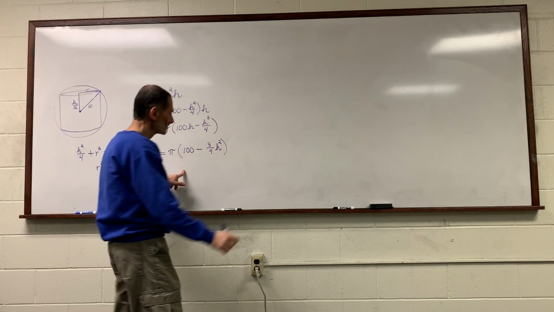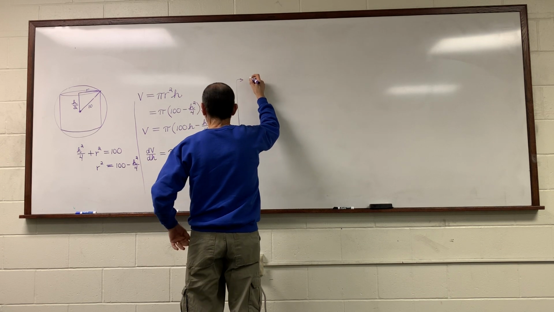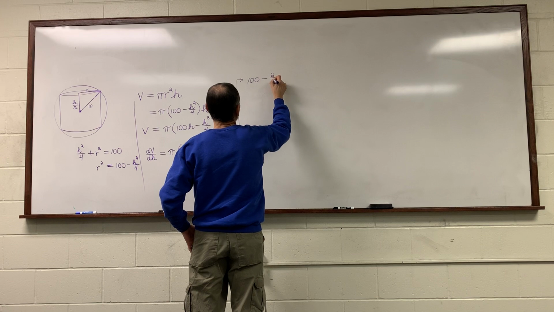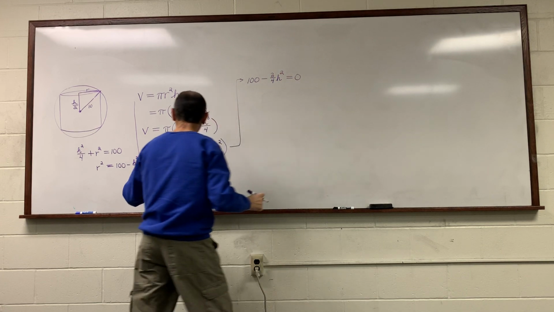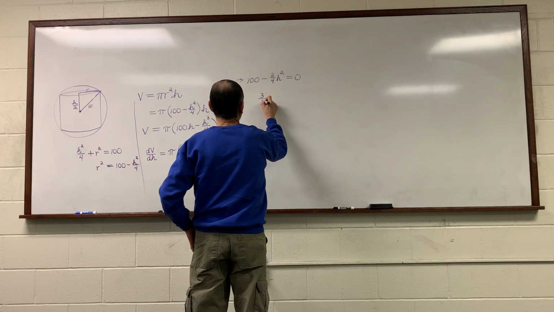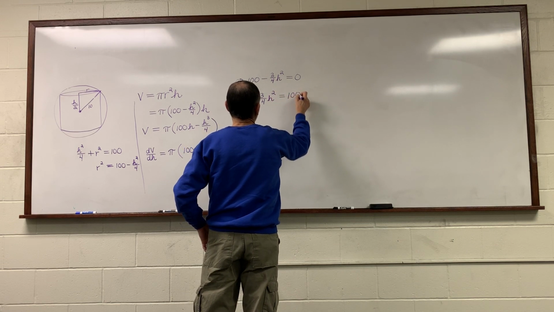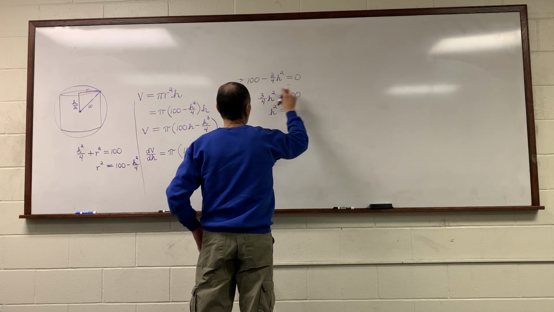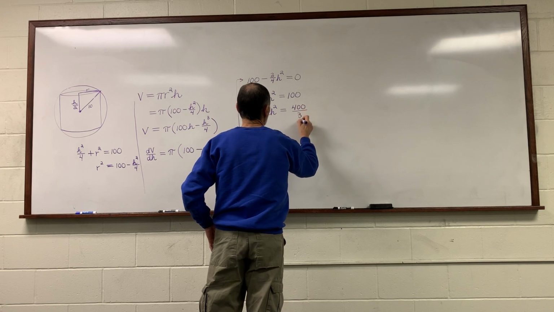So, let's move over again. 100 minus 3/4 h squared equals 0. That would make the entire derivative equal 0. So 3/4 h squared equals 100. H squared equals, multiplying through by 4/3, 400 over 3.